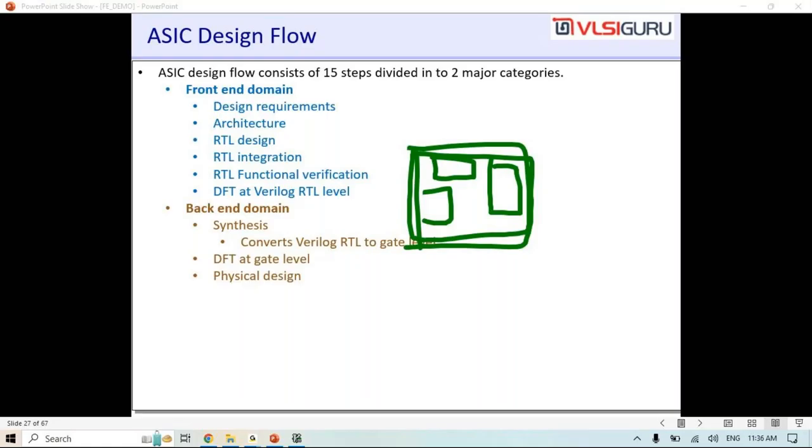You can simply imagine you have a desk. On the desk you want to keep 20 items like a pen box, some laptop, some notebook, different items. How do you arrange them? That is called physical design.